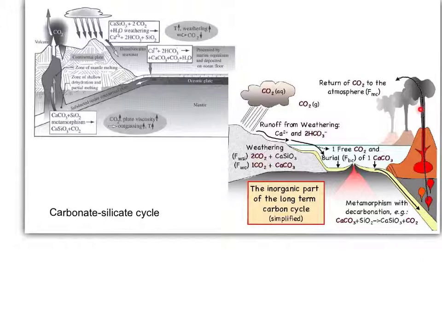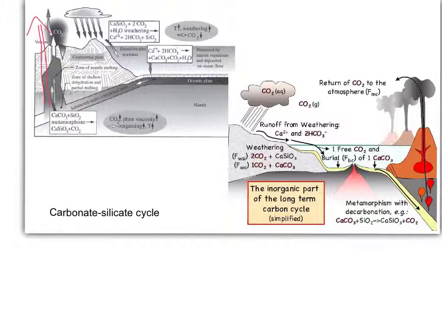So the way this works is that outgassing of carbon dioxide from volcanic eruptions is one of the critical inputs of carbon dioxide to the atmosphere.